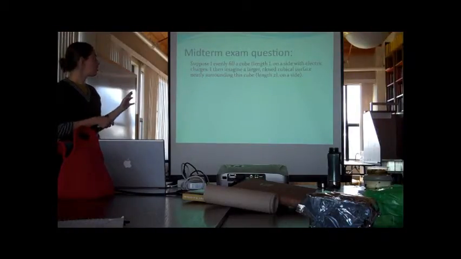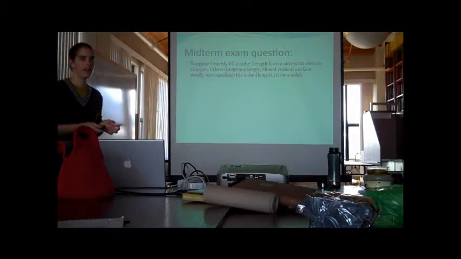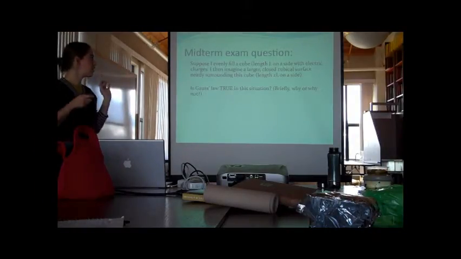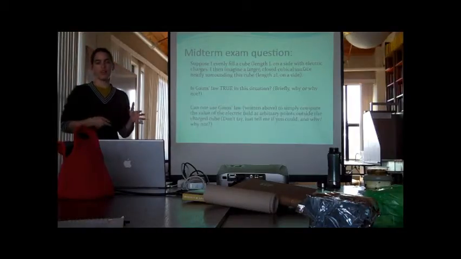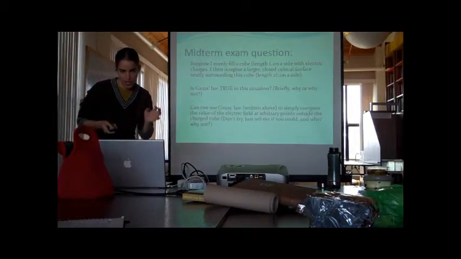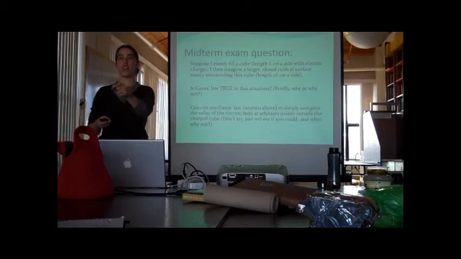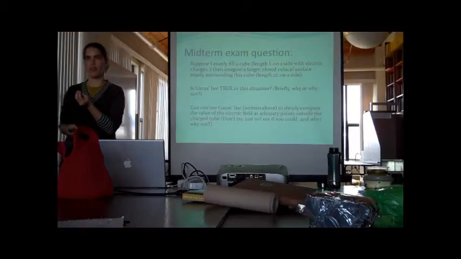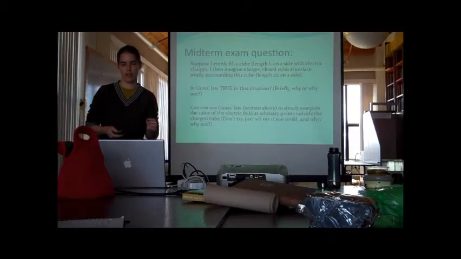I then imagine a larger closed cubical surface immediately surrounding this cube, length 2L on a side. Is Gauss's law true in this situation? Briefly, why or why not? And can one use Gauss's law to simply compute the value of the electric field at an arbitrary point outside the charge state? This is asking about computing the E field, not the flux.